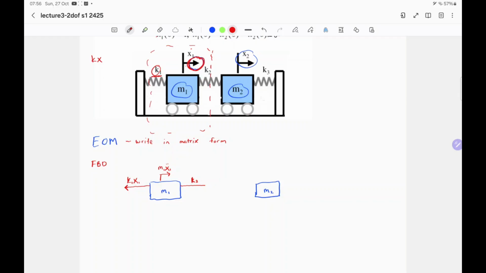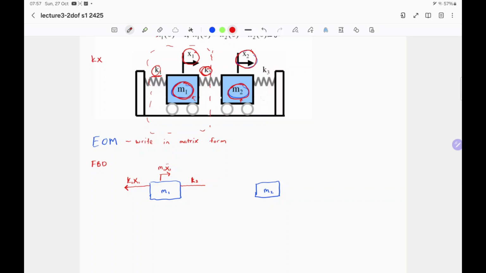Next we have K2 here. We know that K2 is not only connected to mass 1, it is also connected to mass 2. So K2 will react with x1 and also with x2, since this spring K2 is connected to both mass 1 and mass 2.